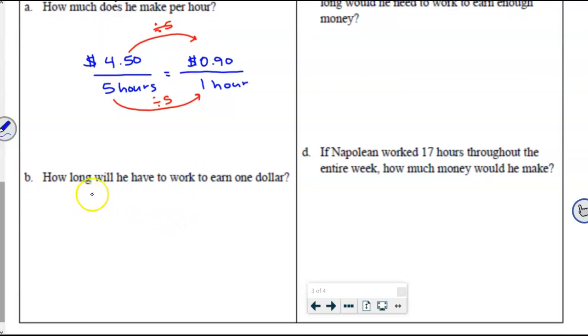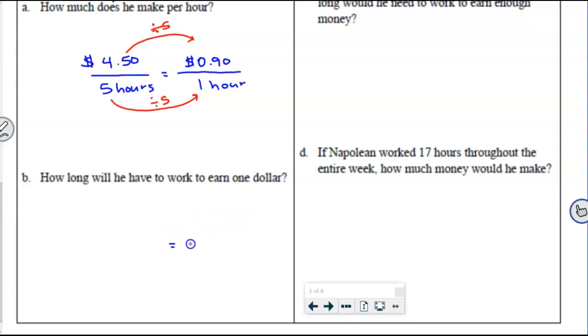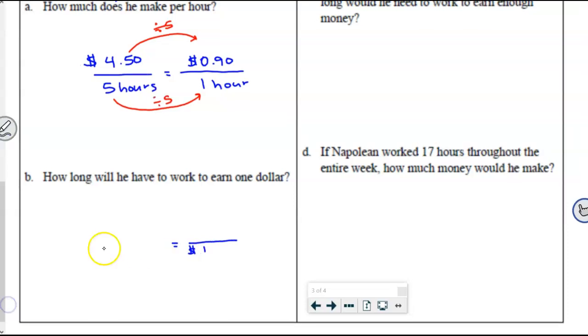How long will he have to work to earn $1 whole? So now again, we're starting here at the end. I've got $1 here on the bottom, which means at the start of this problem, I'm going to have dollars on the bottom of that ratio and hours at the top. Again, that's 5 hours and $4.50. That's the original problem, the information given at the beginning.